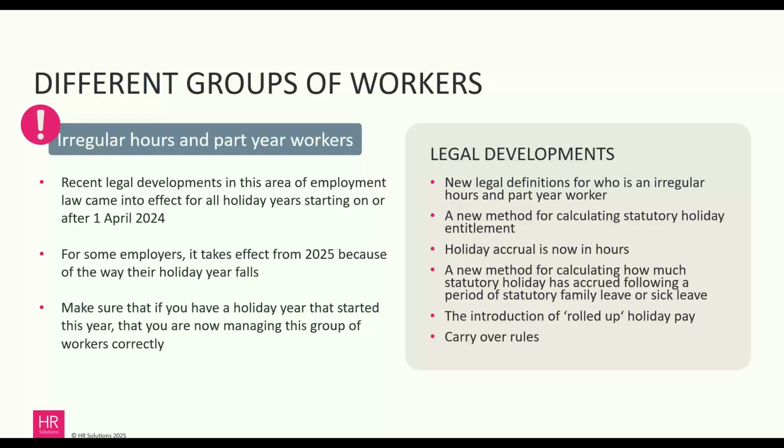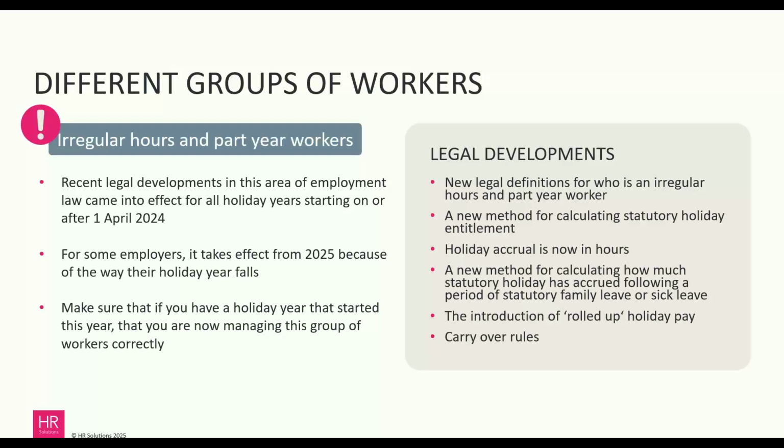And we have a new method for calculating how much statutory holiday is accrued following a period of statutory family leave or sick leave. We've also had the reintroduction of rolled up holiday pay. I don't know if many of you will remember, but many years ago it was a lawful method of calculating. We've now got that back in place, and we've also seen some changes to the carryover rules.